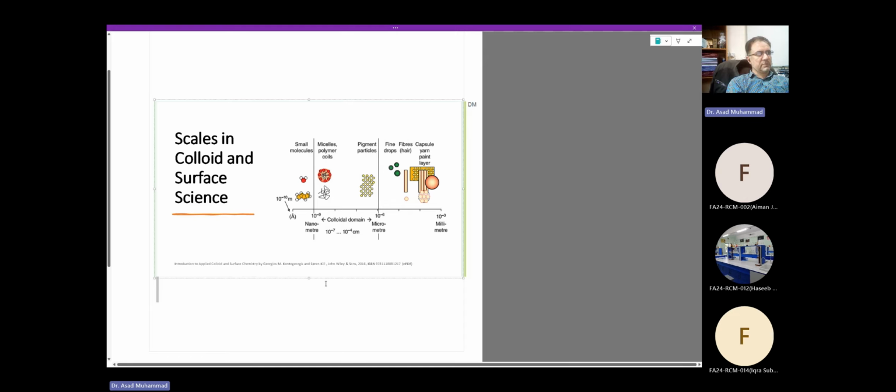So if you have a material, you divide it, you are actually increasing its surface area. So in a way, colloid is a manifestation of increased surface area.